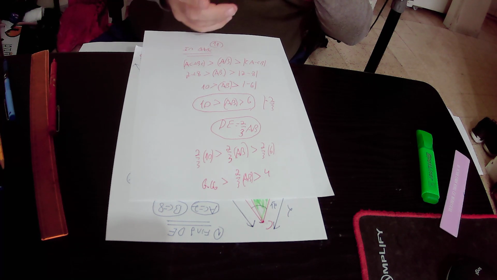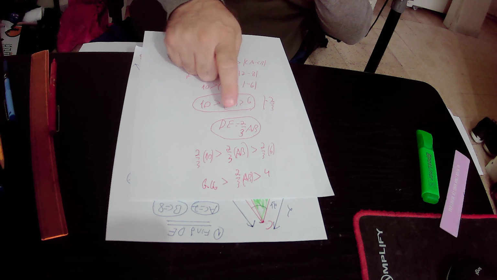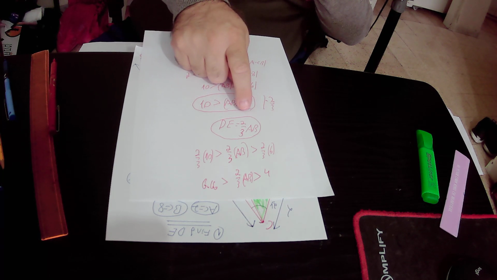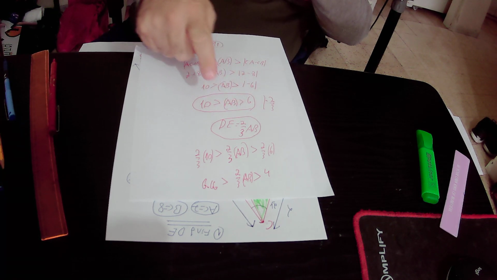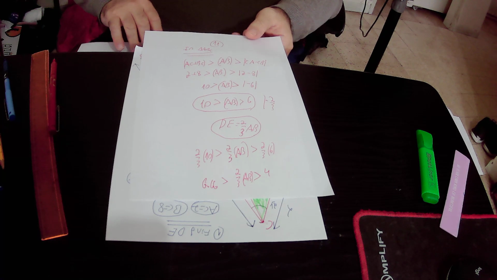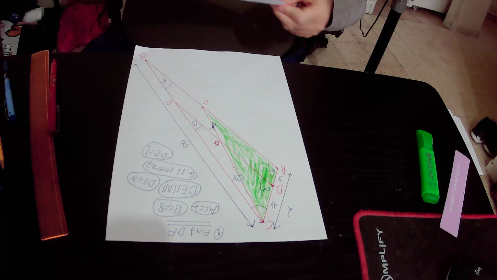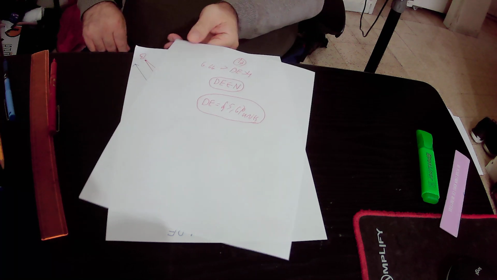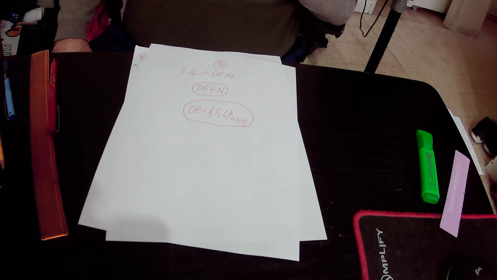But what is the value of 2/3 AB? According to this equality, the value of 2/3 AB equals DE. So we can substitute 2/3 AB by DE, and we got this inequality: DE is bigger than 4 and smaller than 6.66.